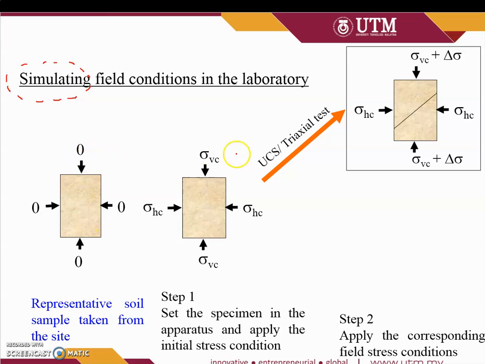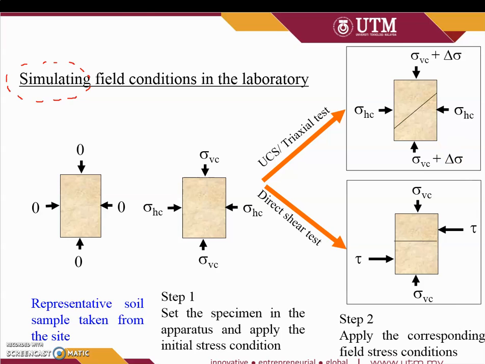In the triaxial test, this is the representation of the soil sample. Usually we have a cylinder type, and we don't design the failure line. We just take the soil sample and apply the load vertically and horizontally, the confined pressure load, and we get the failure line. In the direct shear test, it is different.